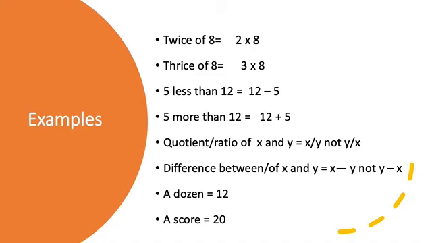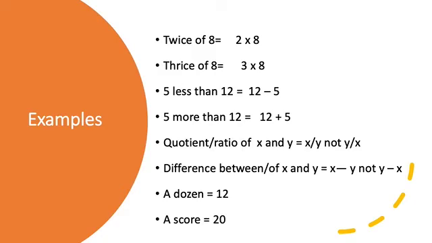Other keywords we should be familiar with include a dozen, which means 12, a score, which means 20, the number of days in a week, year, number of hours in a day, and so on. Those are a few terms we should be familiar with.